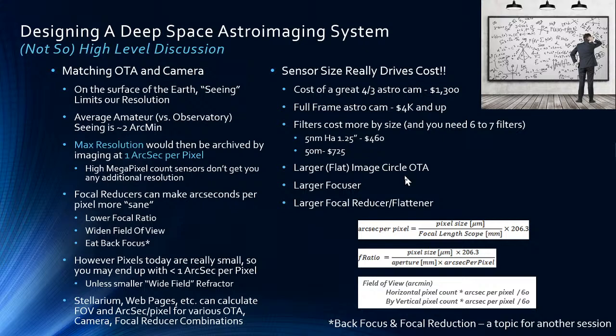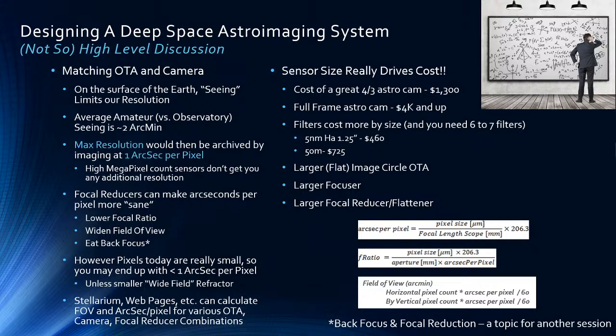And of course, you need a telescope that's going to produce an image circle at prime focus that is what we call flat to that same width, right? So it's one thing to make a telescope that makes a small image circle that's flat, but it's more difficult and costly to produce a bigger flat image circle.